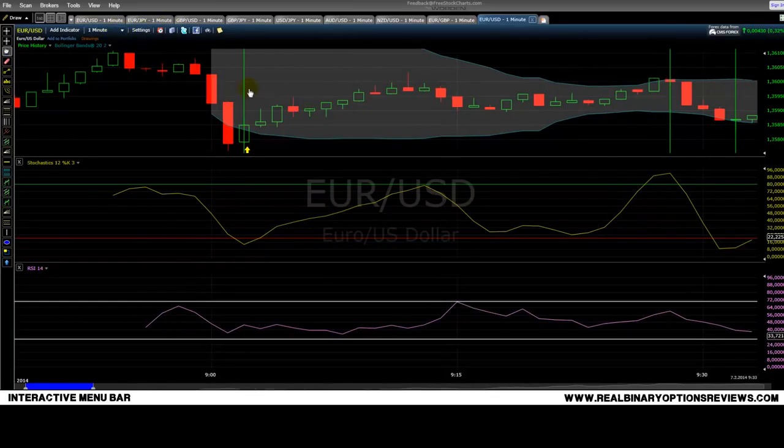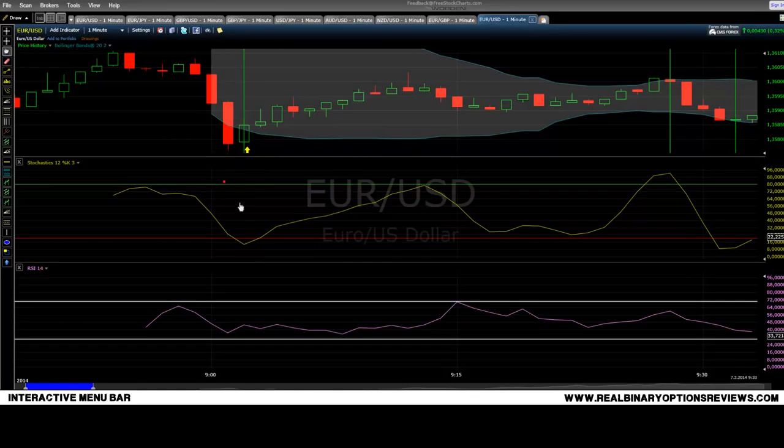So again, here we are on the 1-minute chart, and let us see how the Bollinger Bands work. How I would use the Bollinger Bands is I would wait until I get a red candle that closes below the lower Bollinger Band, and then I would trade up with, let's say, 5 to 10 minute expiries. In similar fashion, I would wait until the green candle crosses the upper Bollinger Band, and then I would trade down.